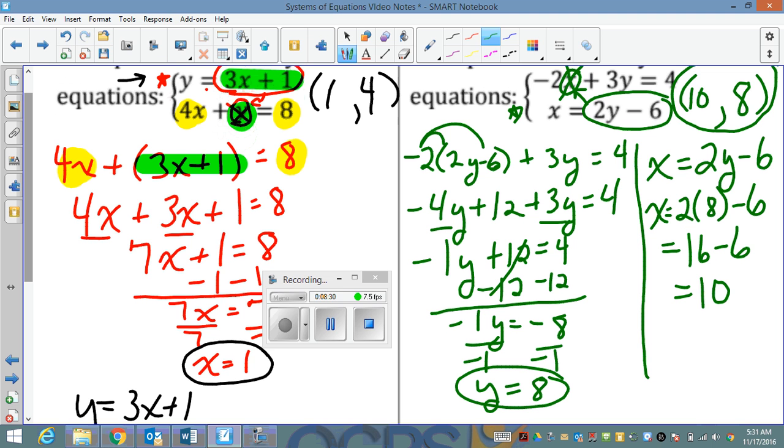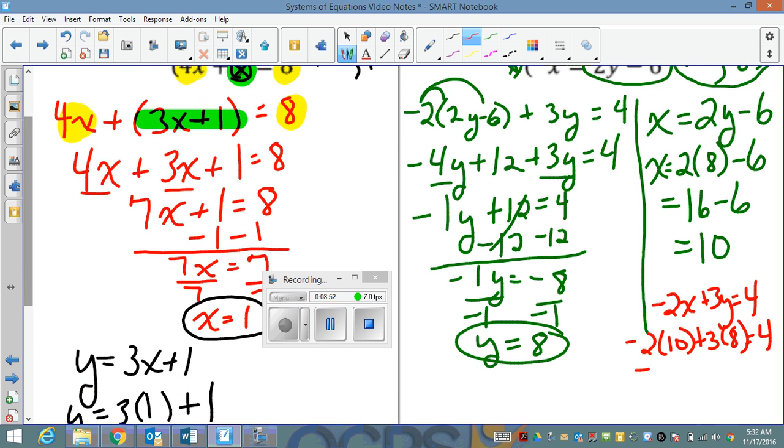Now we can do a quick check. If I do negative 2x plus 3y equals 4, and I plug 10 in for x and 8 in for y, I get negative 20 plus 24 is 4, which is a true statement.